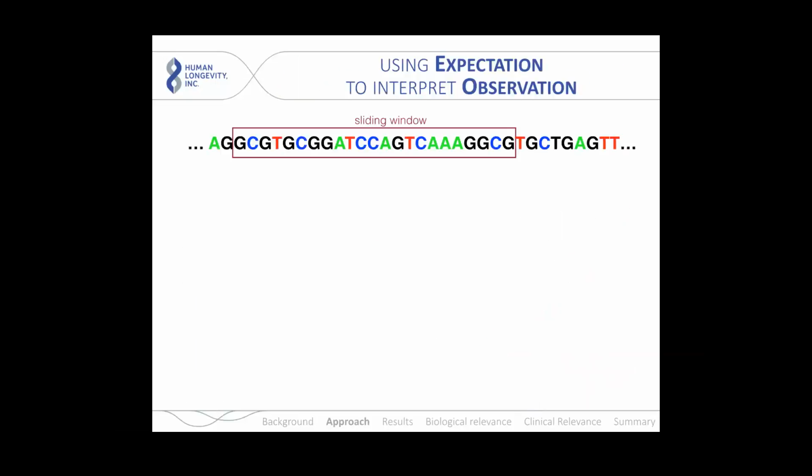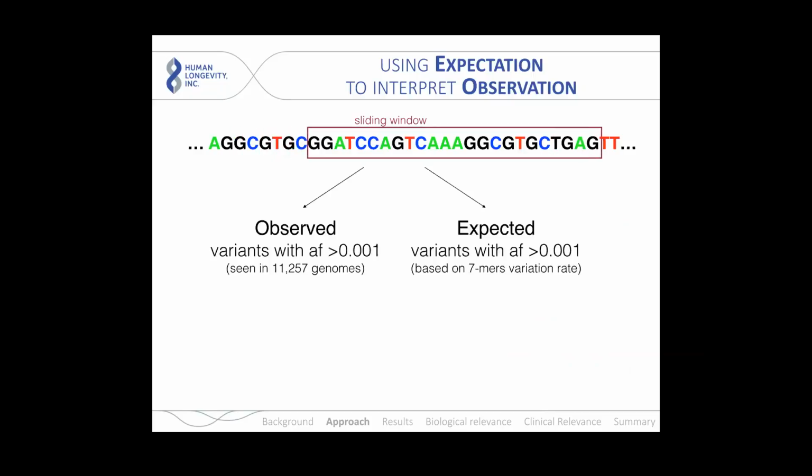We go throughout the whole genome with a sliding window. And for each one of those windows, we're going to extract the number of observed variants that had an allelic frequency higher than 1 in 1,000. This is obtained with the more than 11,000 genomes that we sequenced. And then we're going to compute the expected number of variants with an allelic frequency higher than 1 in 1,000.